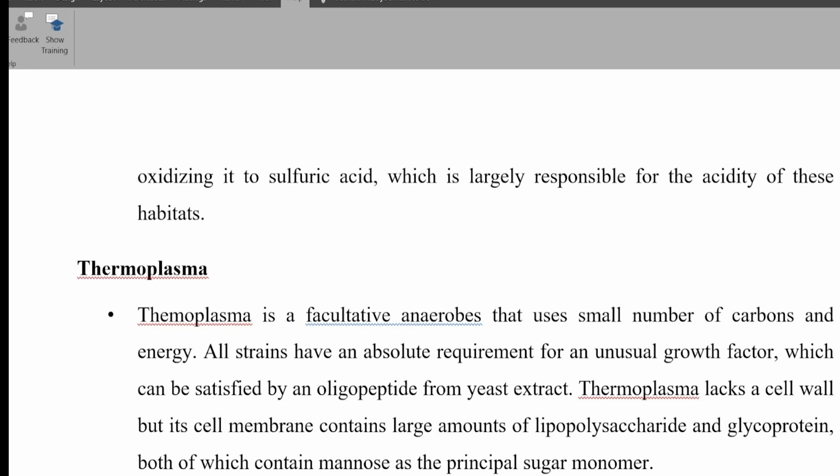Thermoplasma lacks a cell wall, but its cell membrane contains large amounts of lipopolysaccharides and glycoproteins, both of which contain mannose as the principal sugar monomer.